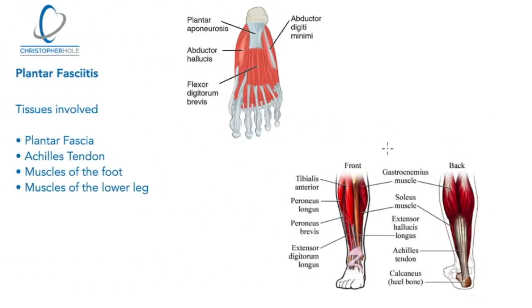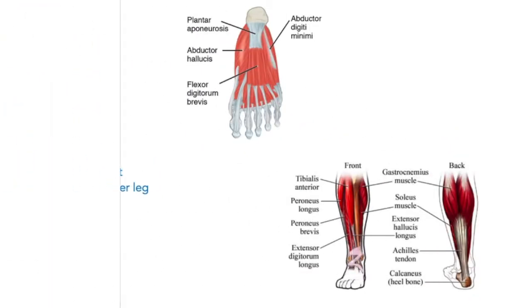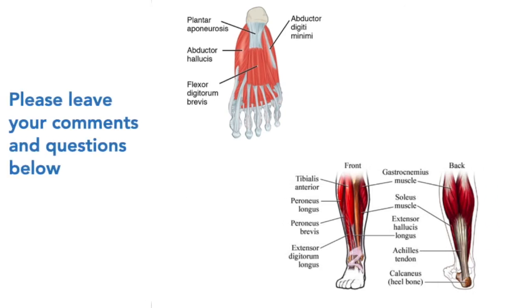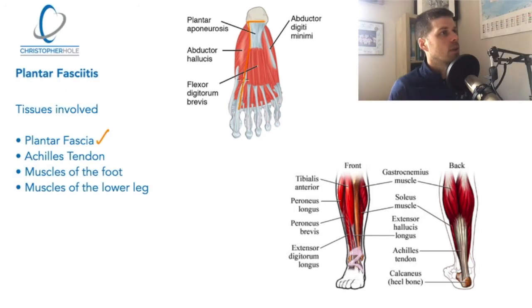The tissues that are involved, I've mentioned most of them already. We've got the plantar fascia, which again originates on the heel bone and then goes out to each toe, up towards the knuckle of each toe. And then finally, there is a branch that goes along the outside of the foot as well. We've then got the Achilles tendon, which again joins on to the calcaneus.